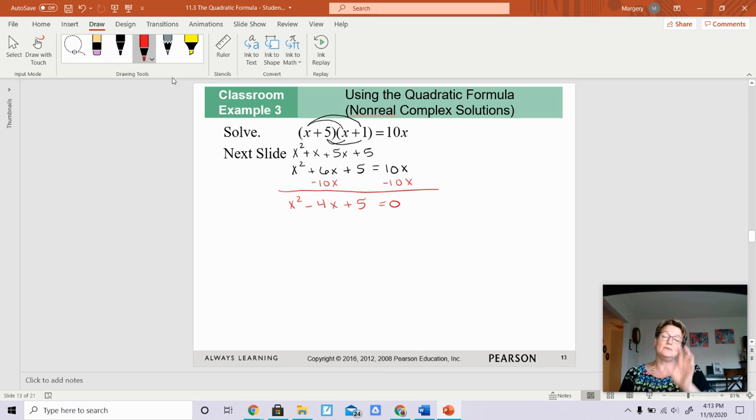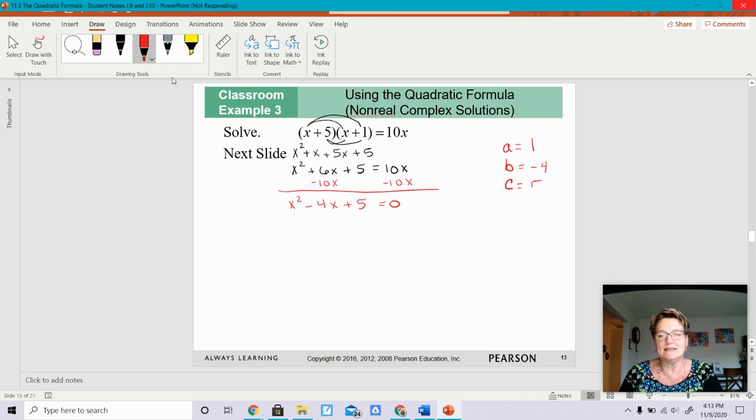So now, you guys, we have it as a quadratic equation in standard form. I always like to make sure that my a is positive, and it is. So you're going to say a is equal to something, b is equal to something, and c is equal to something. A is the number in front of the x squared, that is 1. B is negative 4 because that's the number in front of the x.